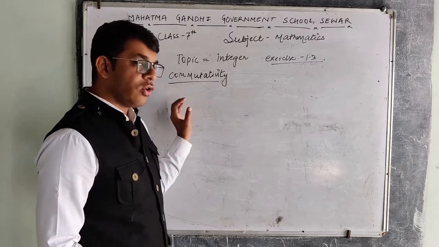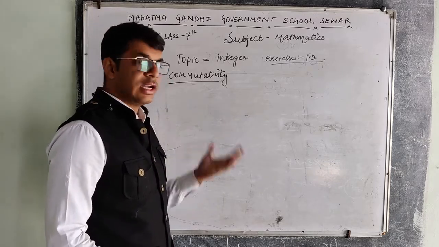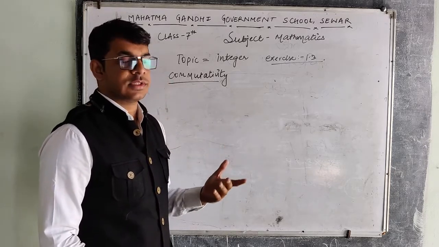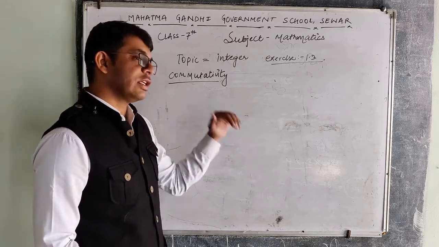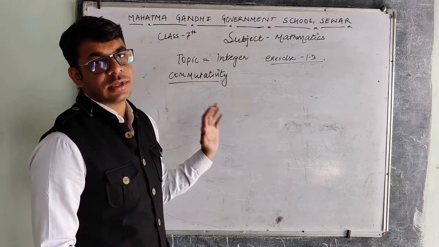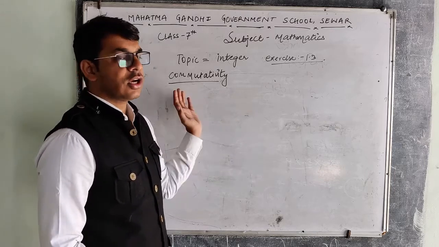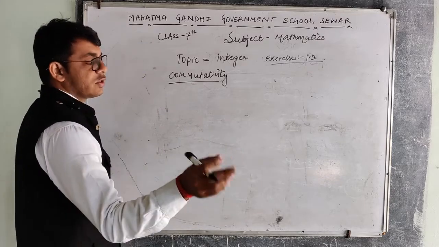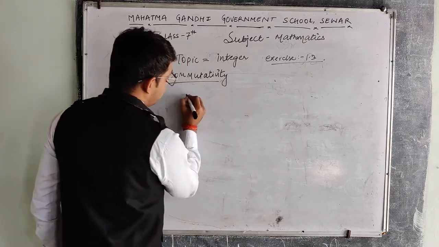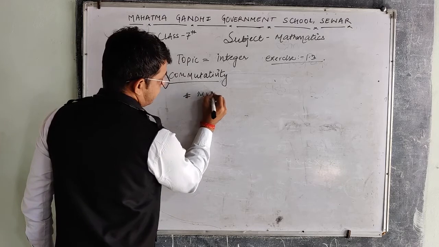If any numbers follow this principle, that multiplication or addition or subtraction is taking place and the result is also an integer, then it means that these numbers follow the property for multiplication, addition or subtraction. First we will talk about multiplication.